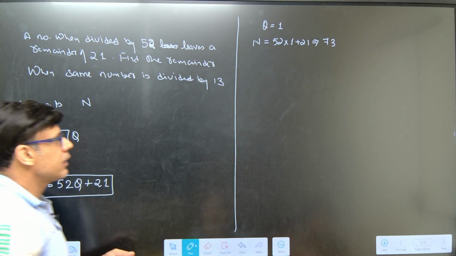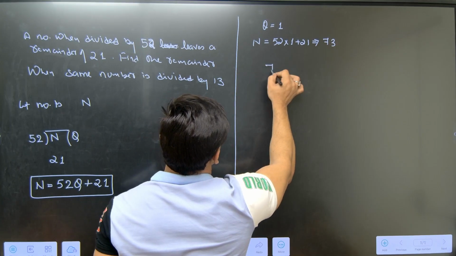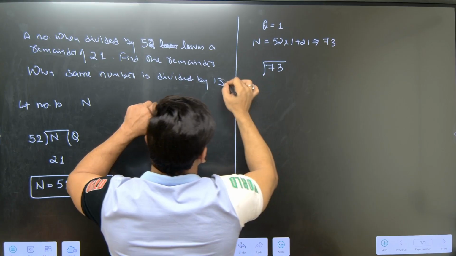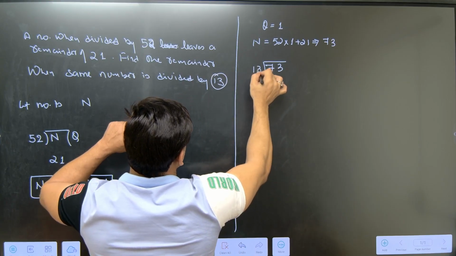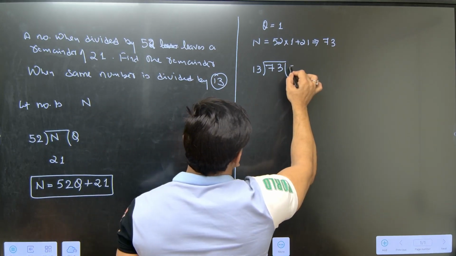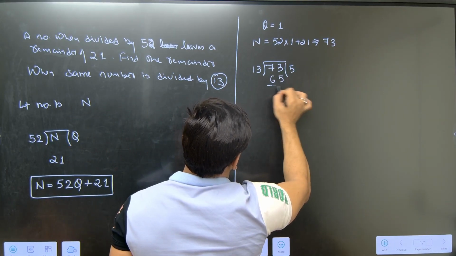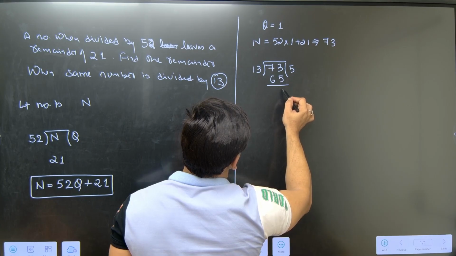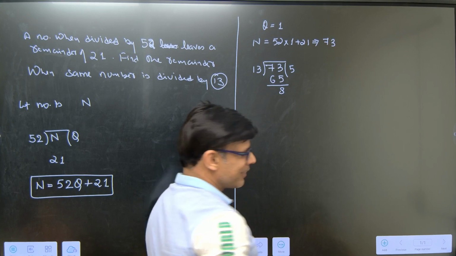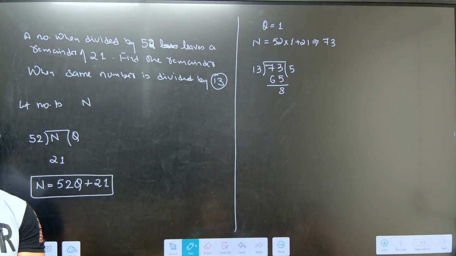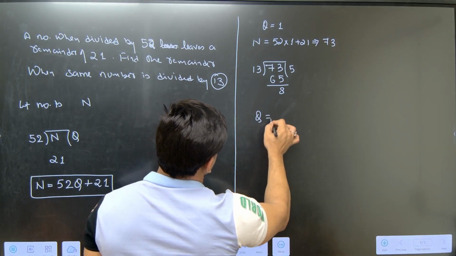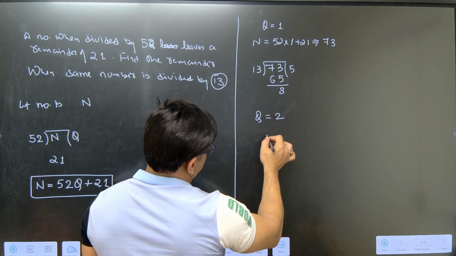Now let's divide 73 by 13. 13 fives are 65. The remainder is 8. Now let's put q equal to 2.